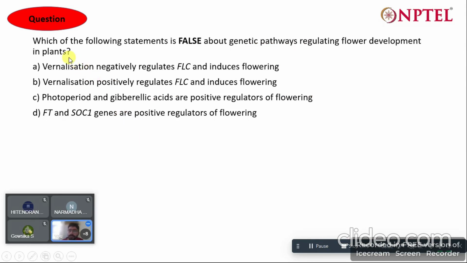Which of the following statements is false about the genetic pathways regulating flower development in plants? These are the options. Vernalization negatively regulates FLC and induces flowering. Vernalization positively regulates FLC and induces flowering. Photoperiod and gibberellic acid are positive regulators of flowering, and FT and SOC1 genes are positive regulators of flowering. Can anyone guess?